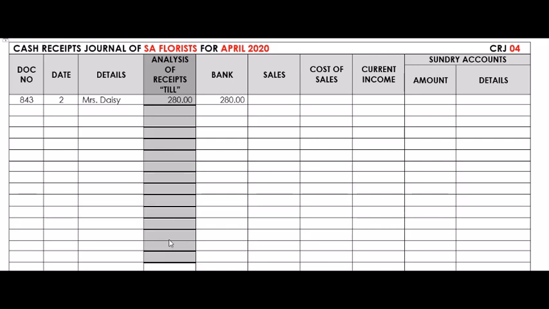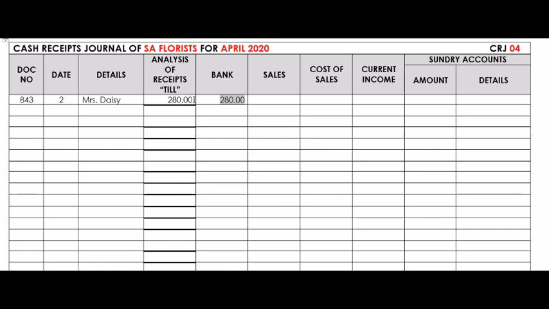You put it all together in an envelope or with a little elastic around it or in a little bank bag, and then you go and deposit that total money earned for the day into your bank account. So remember, with analysis of receipts, if there's only one transaction for the day, there will only be 280 Rand in the till at the end of the day, and that's the amount that you will put into your bank bag and deposit into your bank account.